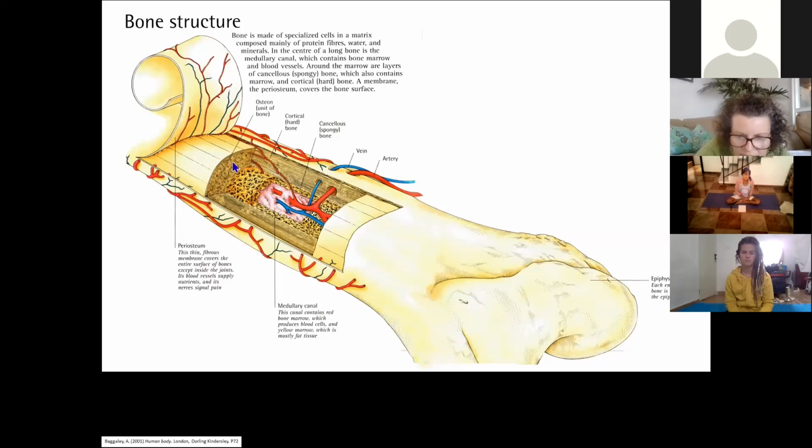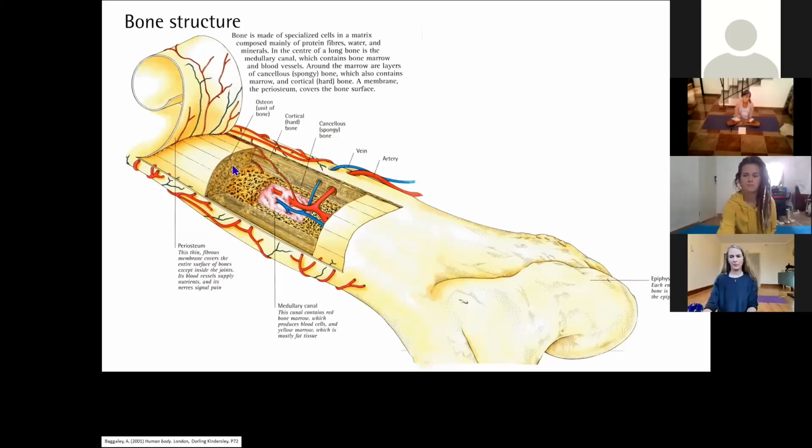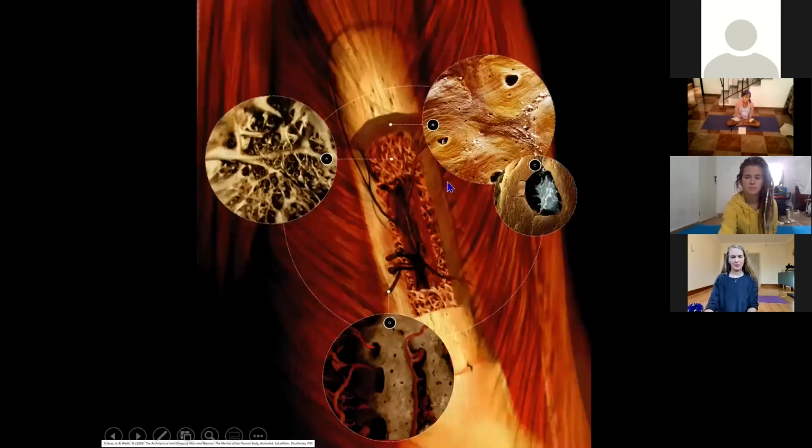And if there are more direct pathways of weight, you might get more cortical bone. But all bone has all of these things.